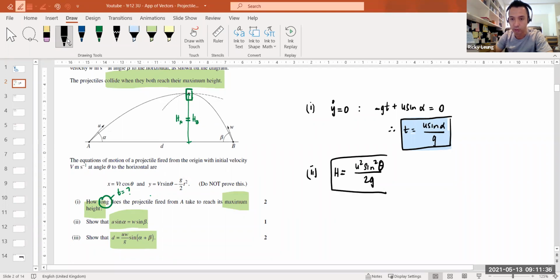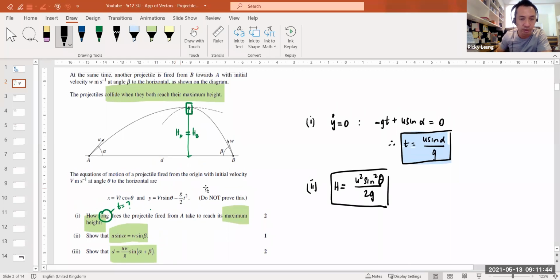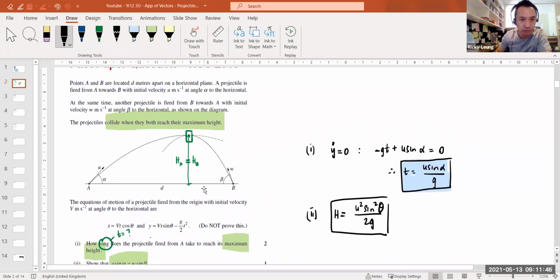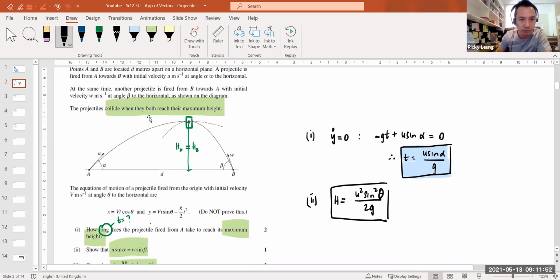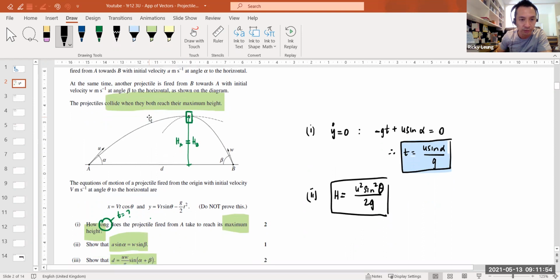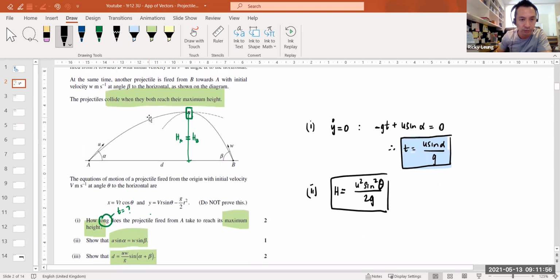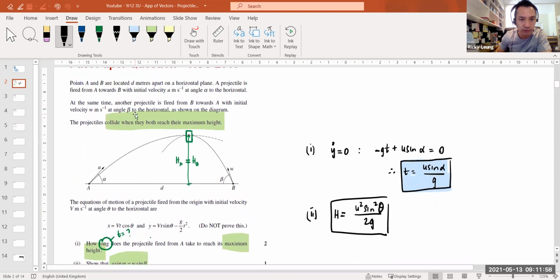I know that. Now let's see. Oh, actually, what do I know? So I know that's equal, but is there something about the time? The problem is when they reach max height. Is there something about time?